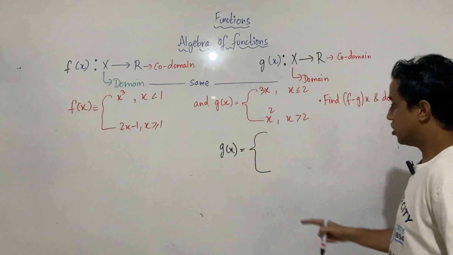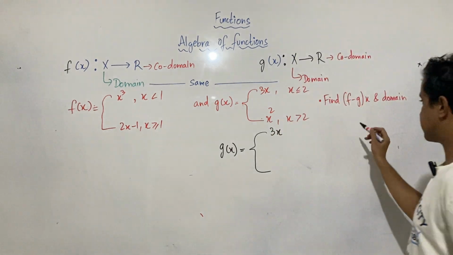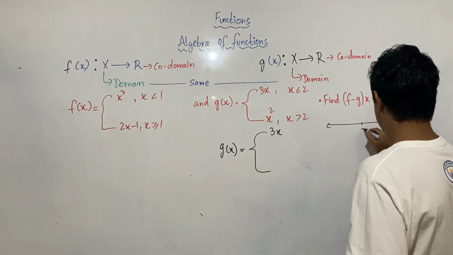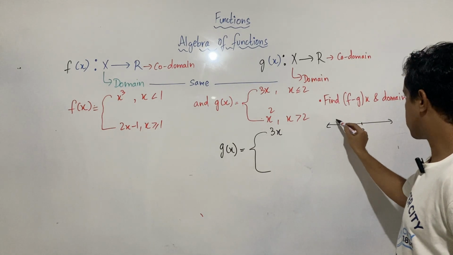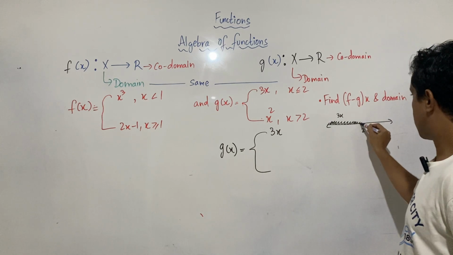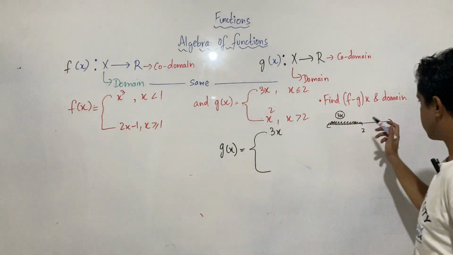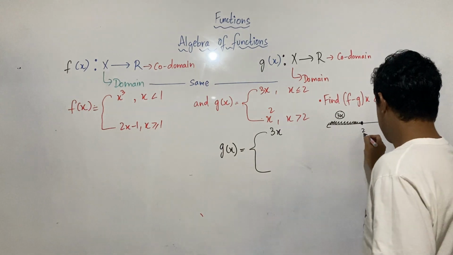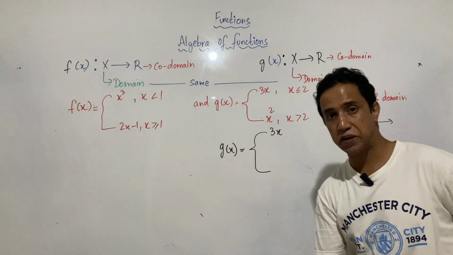So g(x) is going to be 3x, where x is less than or equal to 2. So this is my number line, and here this is 2. This function is going to be 3x in this region, when x is less than or equal to 2, so here I am putting a solid dot. In this whole region, the value of this function is going to be 3x.